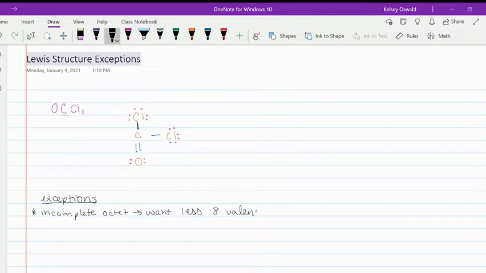There are 2 in particular that we look at here. Boron is the first one. Boron is so small that it can only hold 6 valence electrons, so boron only wants to have 6. Beryllium, or Be, is another exception. It is even smaller, so it can only hold 4 electrons.